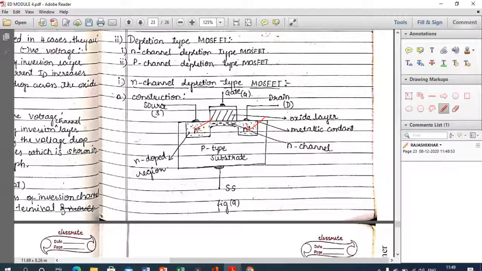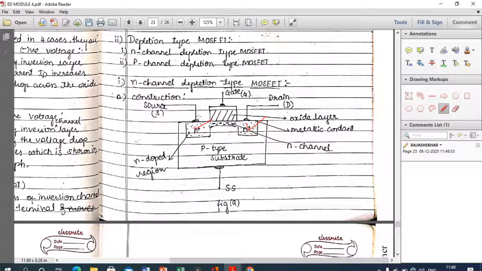Then there is a channel between the two n-doped regions which is used for the flow of charge carriers. Since it is n plus, the majority charge carriers here are electrons. Electrons will flow through the channel when I give a particular voltage.